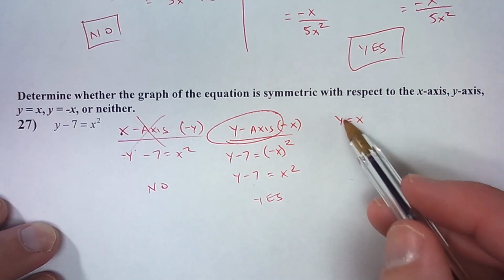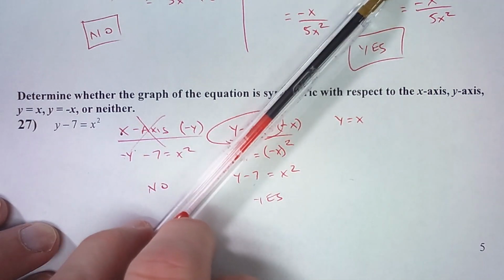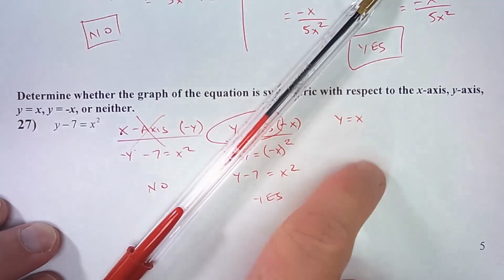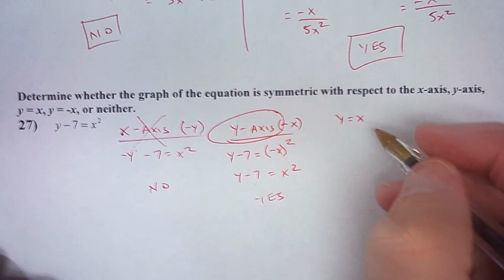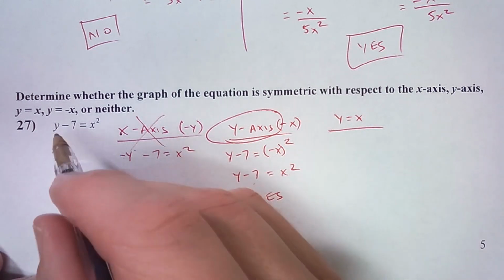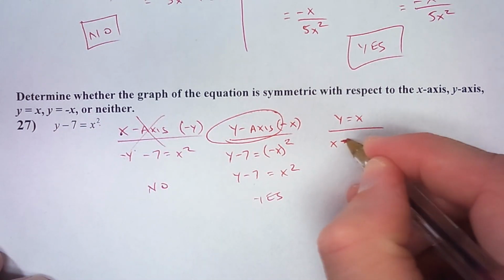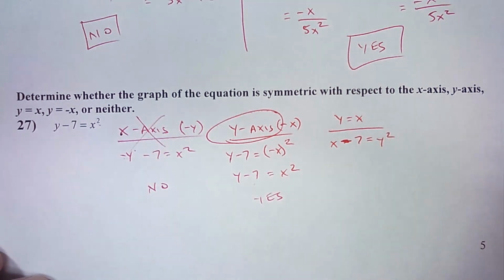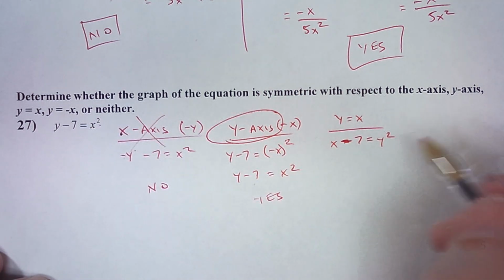Y equals x. If there's symmetry here, it would flip over that diagonal line and land right back onto itself. So y equals x, which means x also equals y, so I can switch the y's and the x's. x minus 7 equals y squared. Now I have to see if I can algebraically make that match the original.